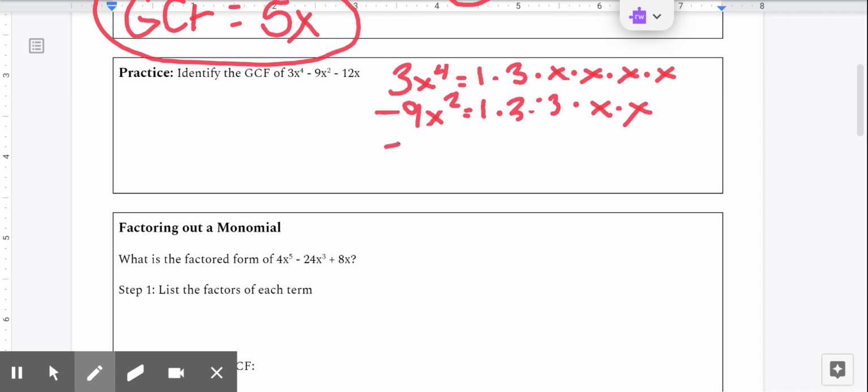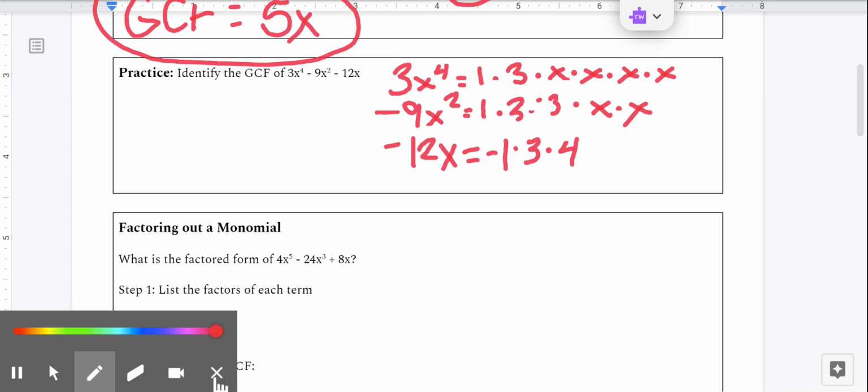And then we have a negative 12x. So for negative 12, I could start by saying, well, we've got a negative, so I'm going to have a negative 1. And then when you think of your factors of 12, you might think 6 and 2, or you might think of 3 and 4. So if we say 3 times 4, well, that 4 is not prime.